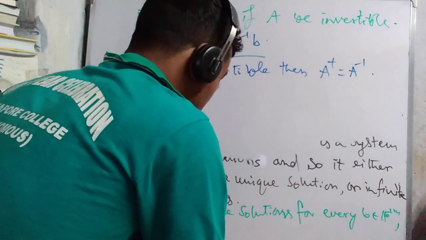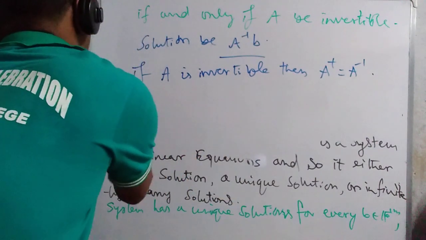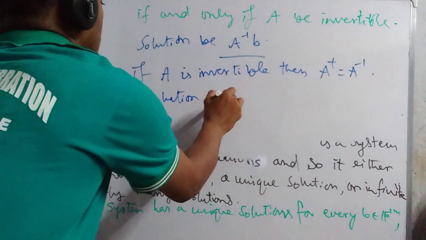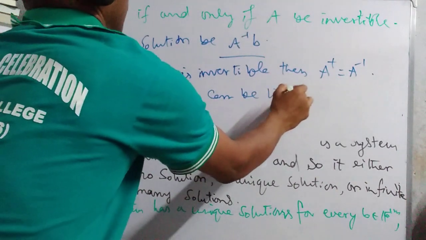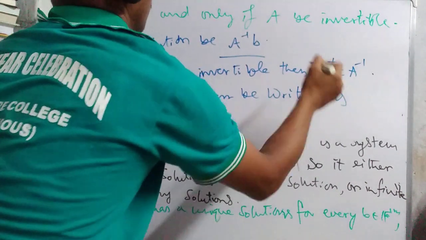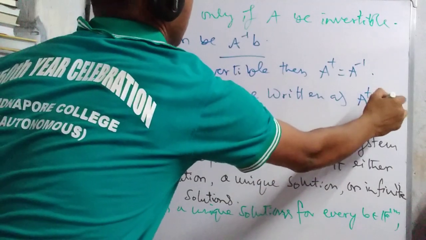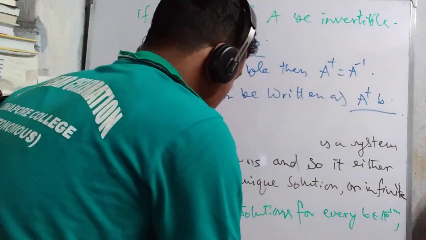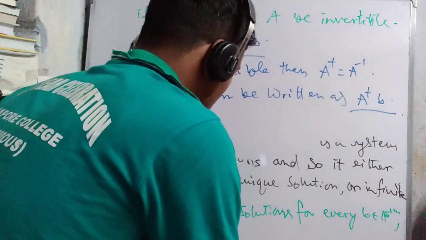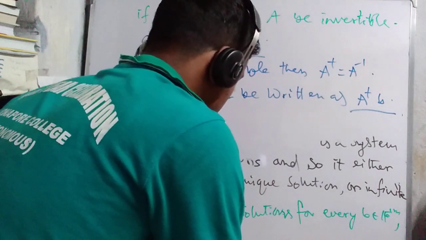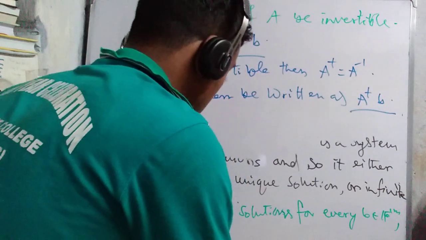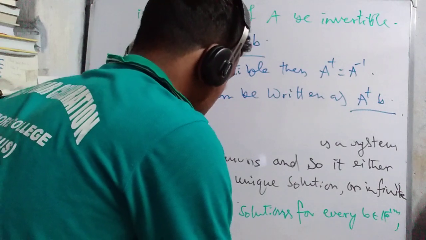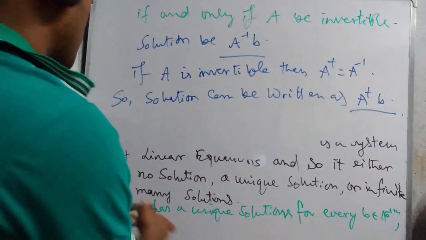Then the solution can be written as A dagger B. Understood? Not a problem at all. Now we discuss the case where A is non-invertible, where the system is inconsistent. We know about that.